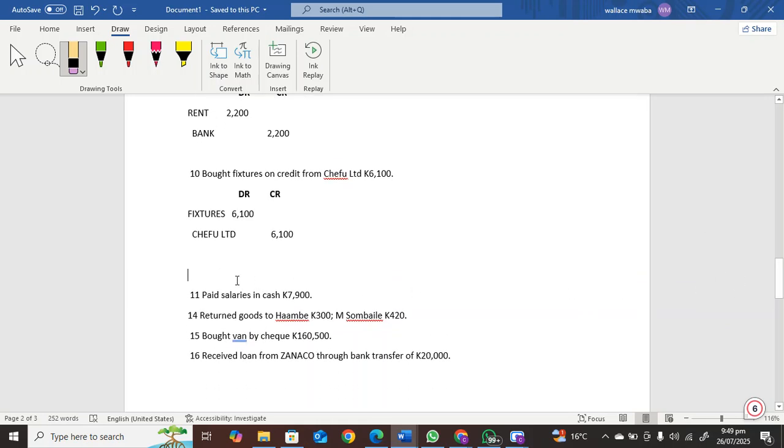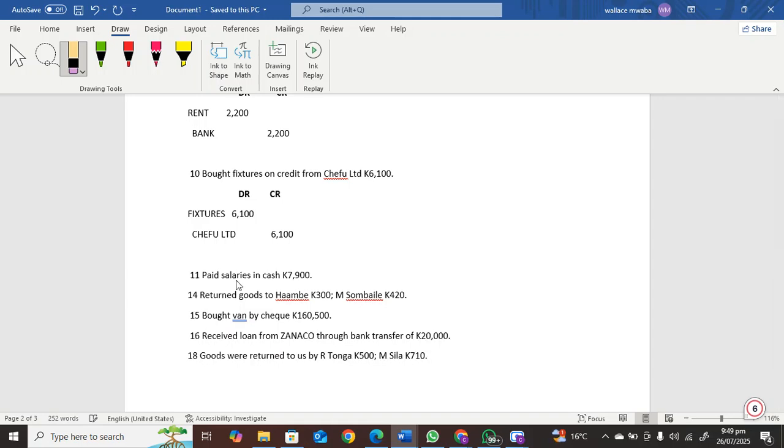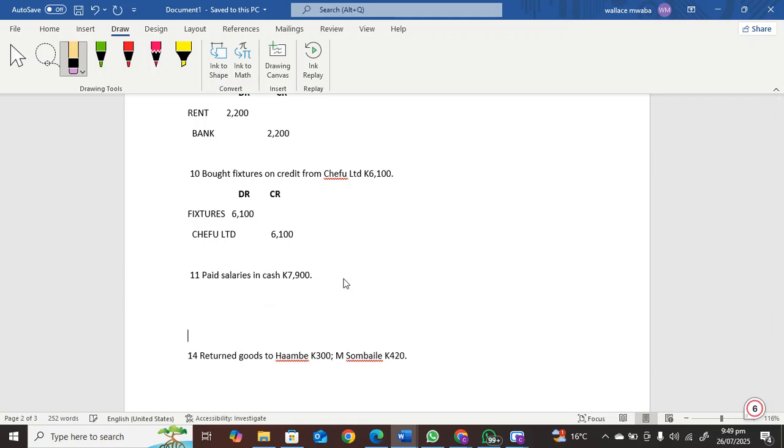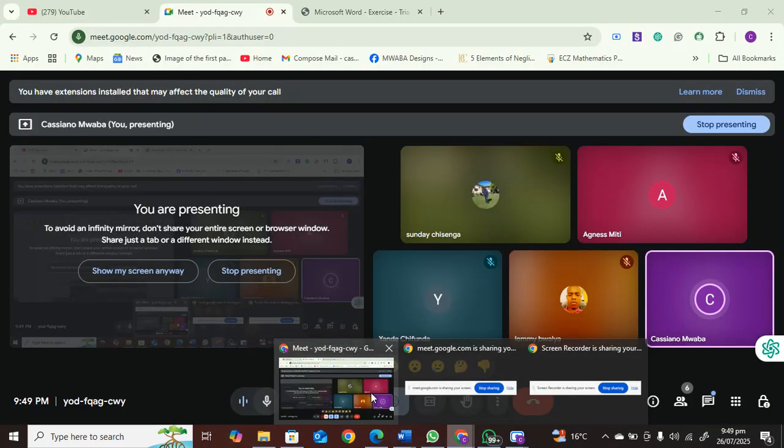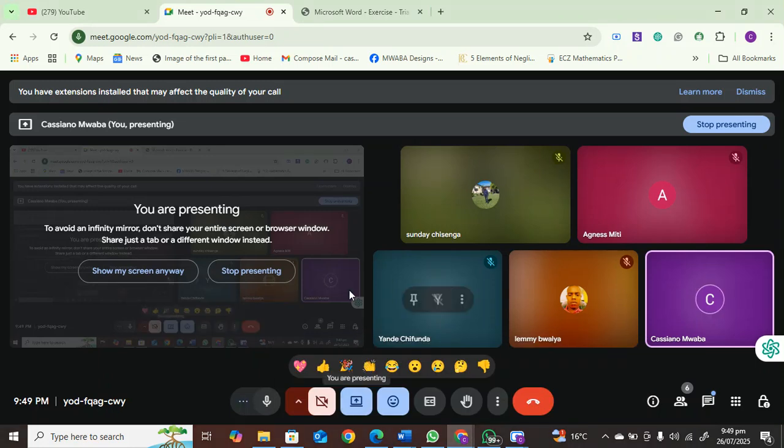Okay, the next one is paid salaries in cash, 7,900. Even the wording of the sentence will give you an idea of what type of transaction is going on here. Here we're paying for salaries. So what types of accounts do we have here?